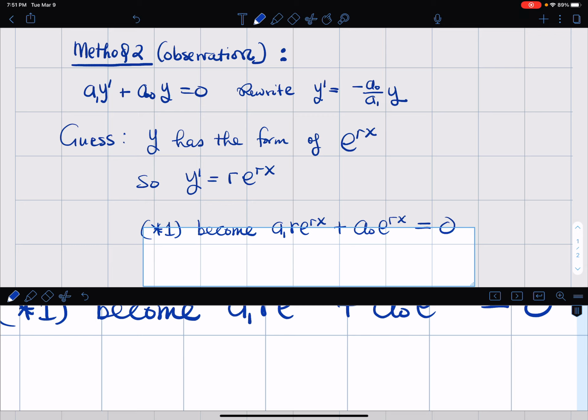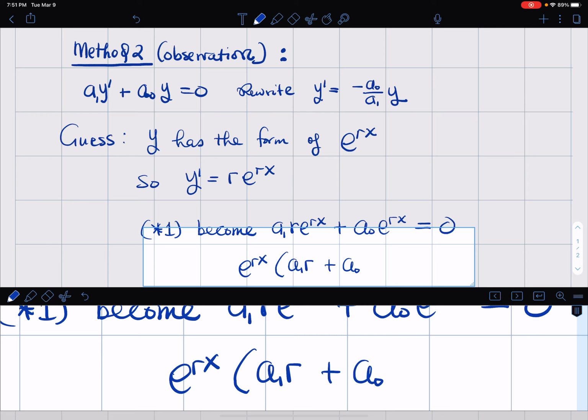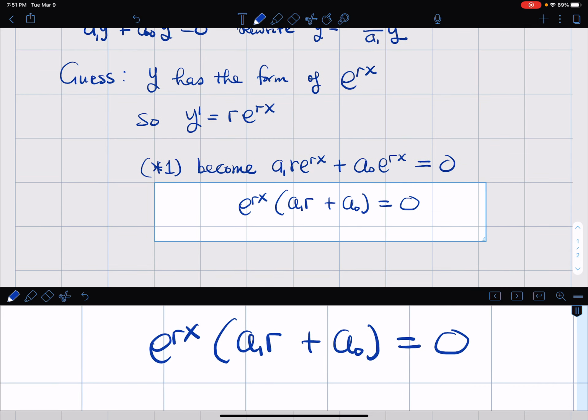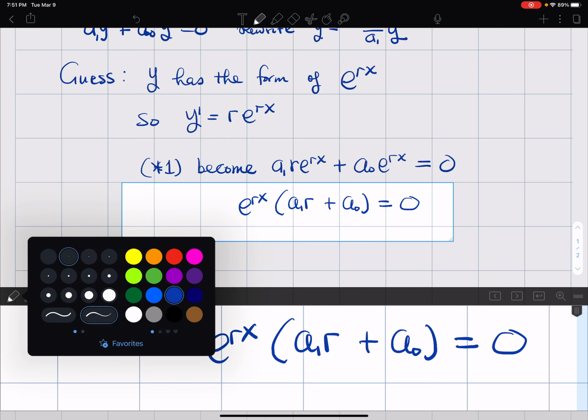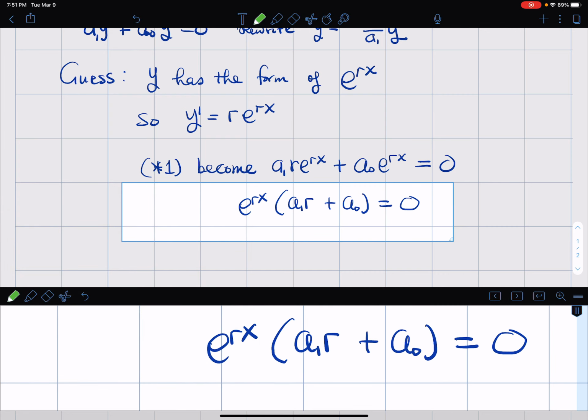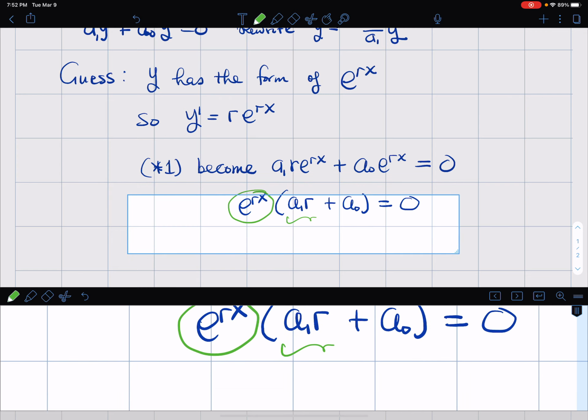If we factor out e to the rx, we end up with a1 r plus a0 equal to 0. E to the rx is never equal to 0. So that means that this has to be equal to 0.